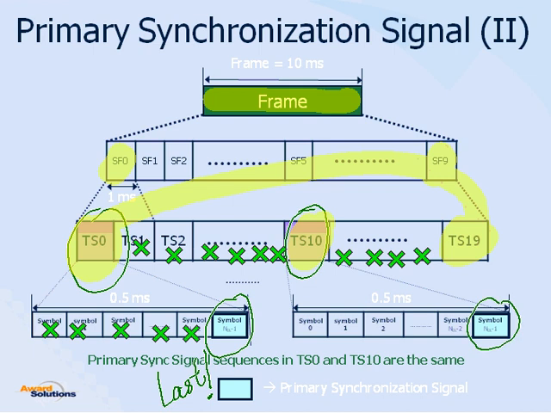Only the last. No other symbol is carrying the primary signal. So let's summarize. As far as the time is concerned, the primary synchronization signal is sent during the last OFDM symbol of time slot 0, the last OFDM symbol of time slot 10.